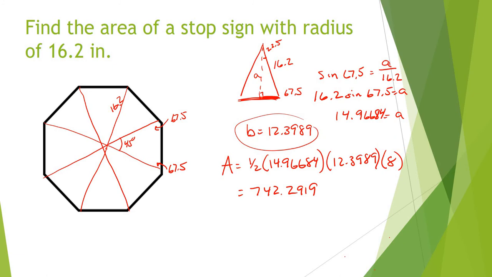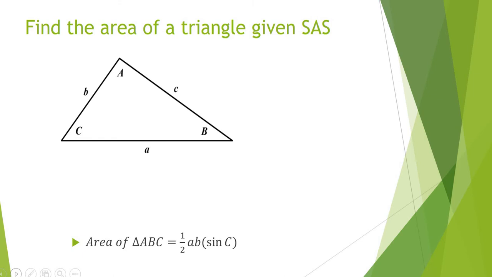So I'm sorry that I didn't write down my calculation for that, but there's a couple ways to do it. If that's my base, I could do the cosine of 67.5 equals adjacent, which is half of the base, over the hypotenuse. And so I could find half of my base using this formula. All right, so the idea again is using a calculator to find given missing pieces so that we can find the area.